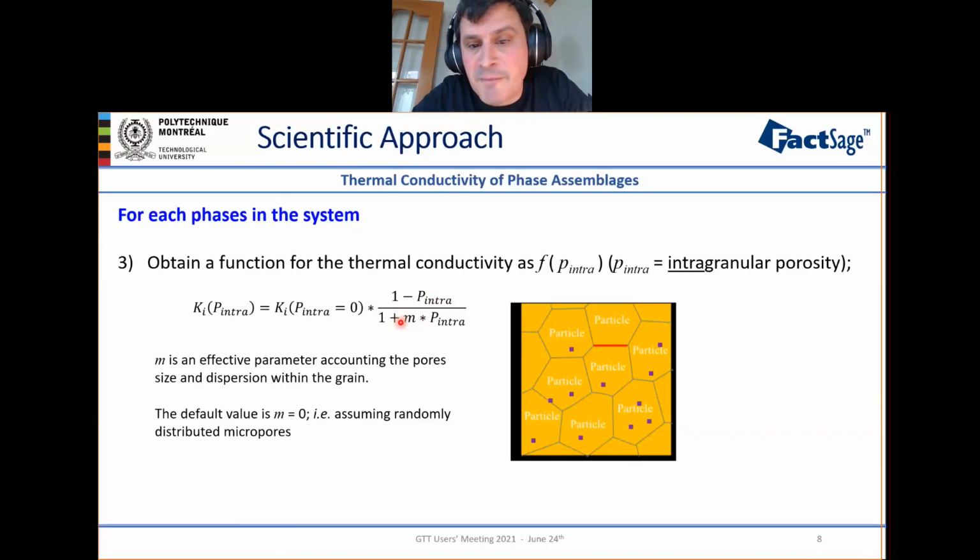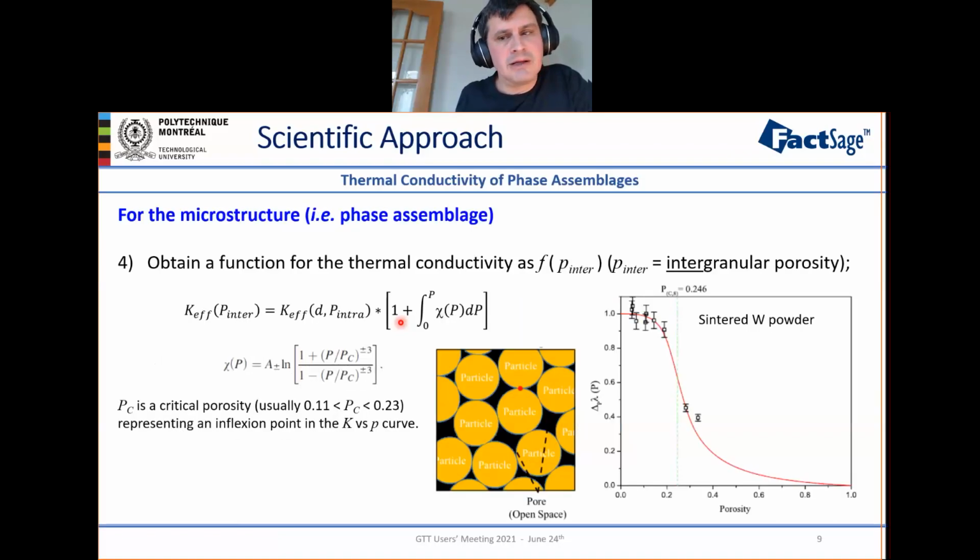This is an effective parameter that is accounting for pore size and dispersion within the grain. It's a parameter that is not stored, but the user will have to provide, 0 being the default. With the first three functions, we get the thermal conductivity of our grain at the temperature T and internal porosity.